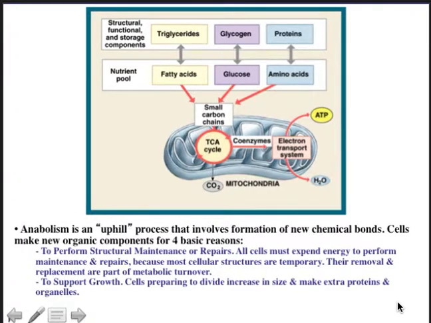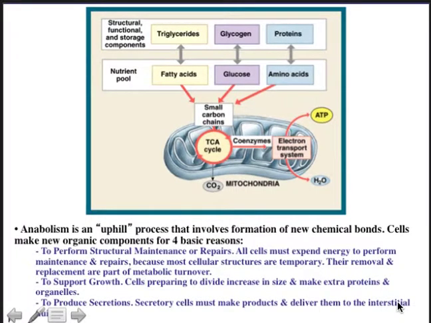It's also used to support growth. Cells that are preparing to divide increase in size and make extra proteins and organelles, and that manufacturing process also requires energy. And then they also use it to produce secretions. Well, what are secretions? They are molecules that are assembled from component parts, which are then sent into the extracellular environment, generally by some sort of active transport, which again is an ATP dependent process.